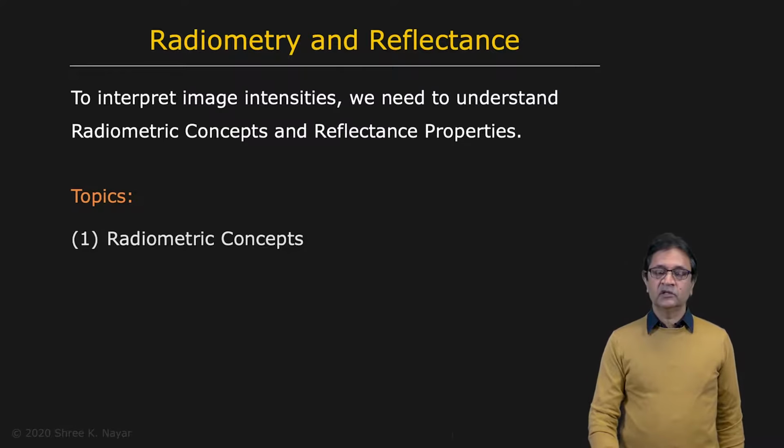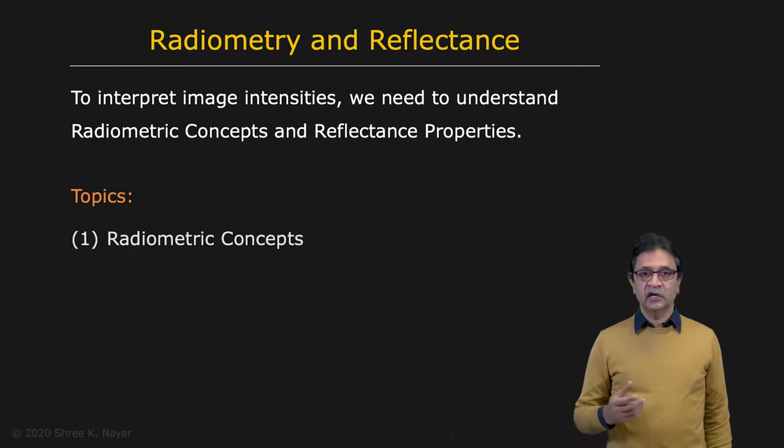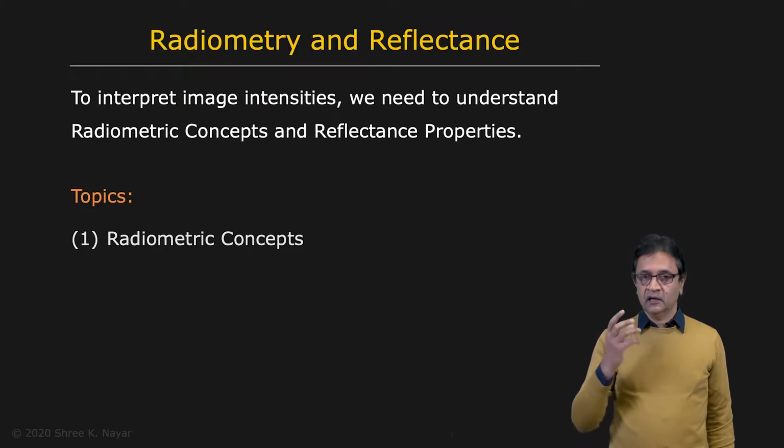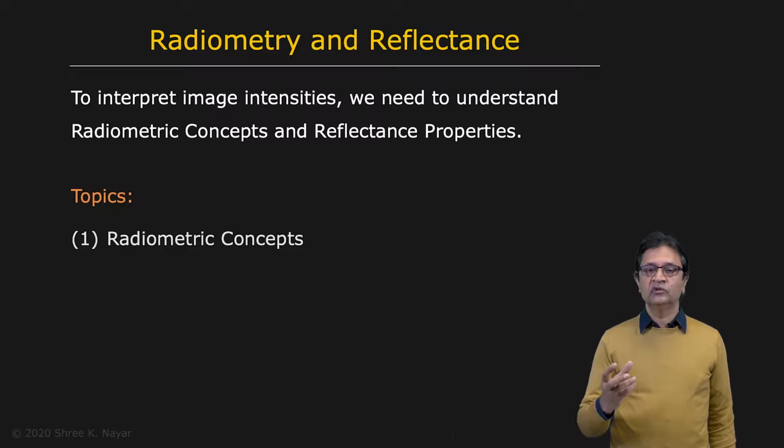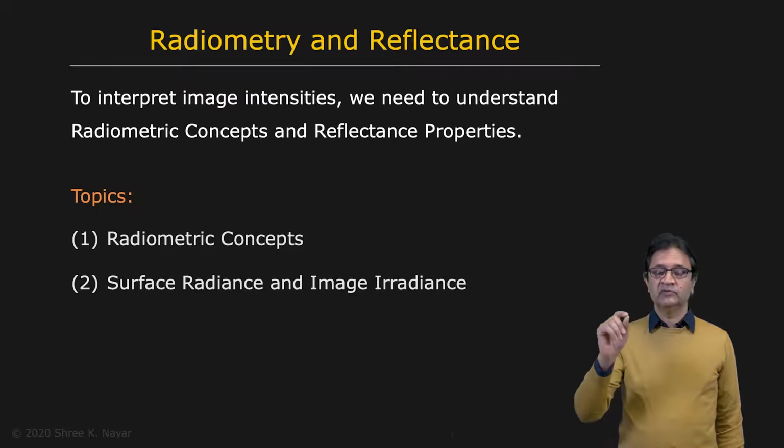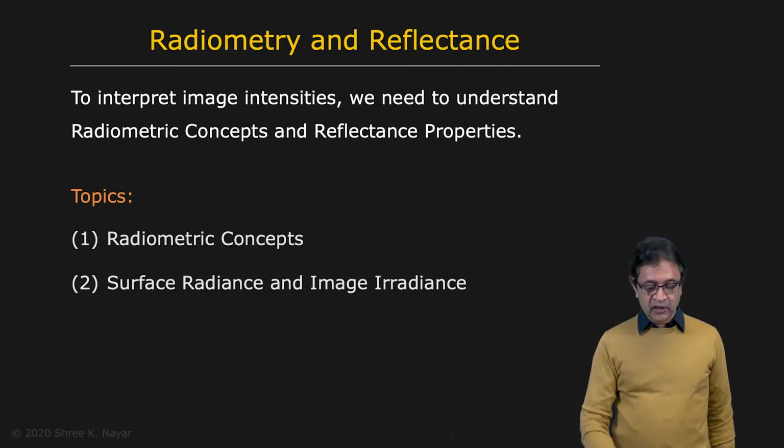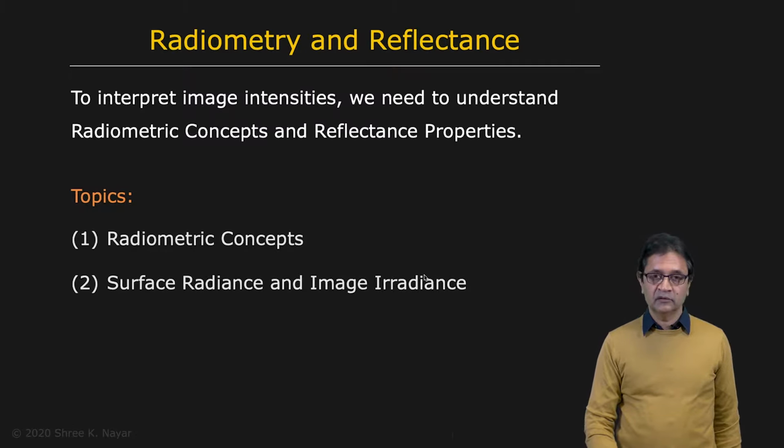And then one of the interesting concepts here is called surface radiance. That is a definition that is used to measure the brightness of a point in the scene. So we can say that a surface point has a certain radiance, and now the question is, what is its corresponding image brightness or image irradiance?